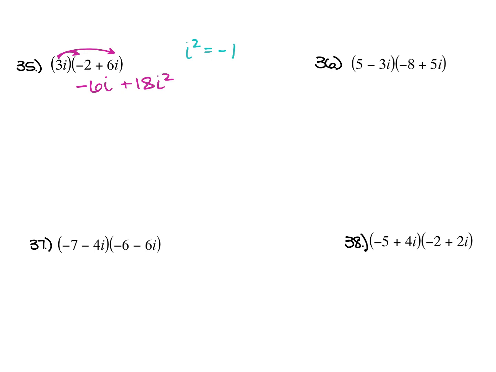So we're going to change out this i squared for negative 1, and that's just going to give us negative 6i plus 18 times negative 1. The 18 times negative 1 is negative 18, so that's negative 6i minus 18. We rewrite this in a plus bi form, so that's negative 18 minus 6i.